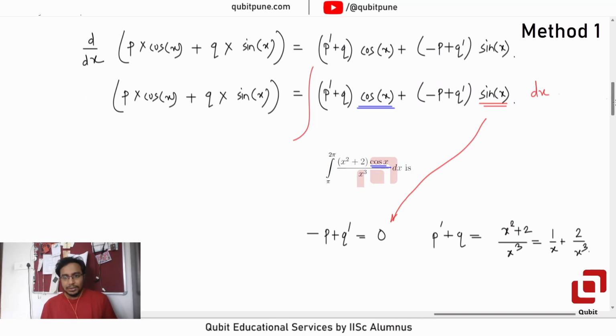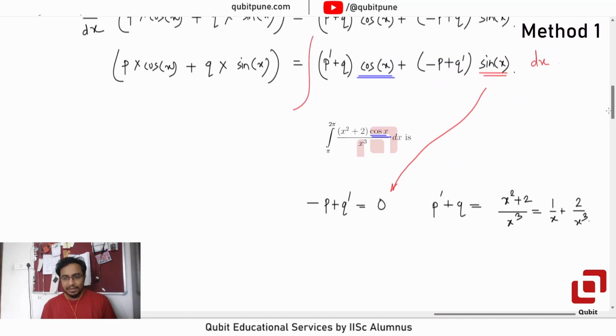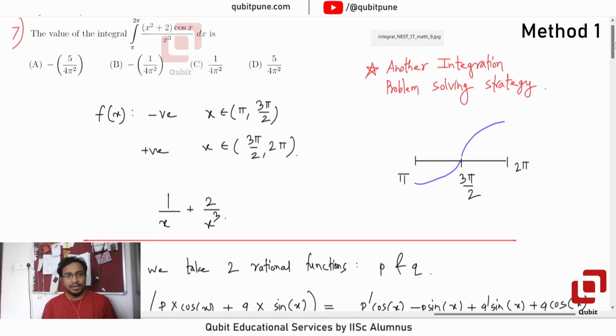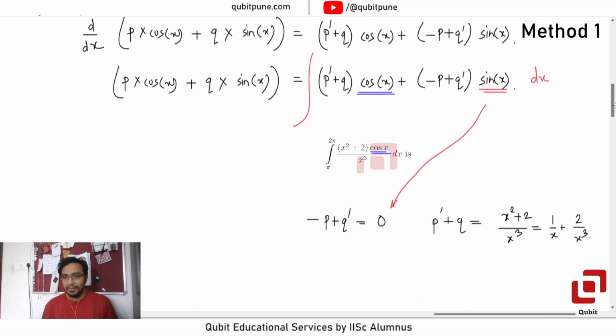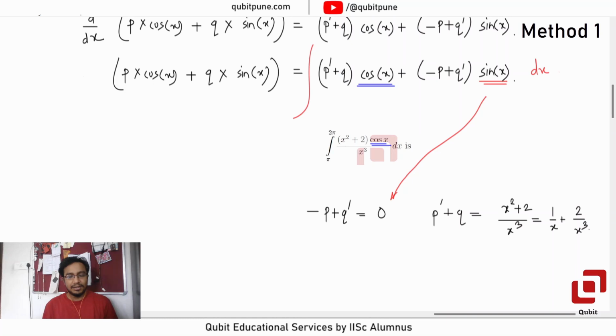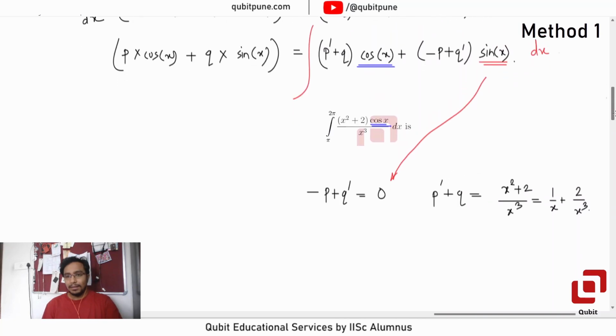Okay, so we now need to pick something here and see if that gives us the correct result. How can we do that? We can pick q as 1 upon x.